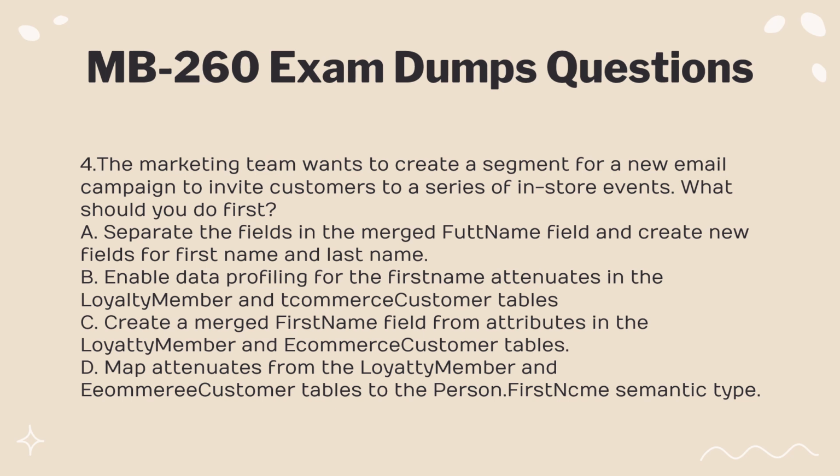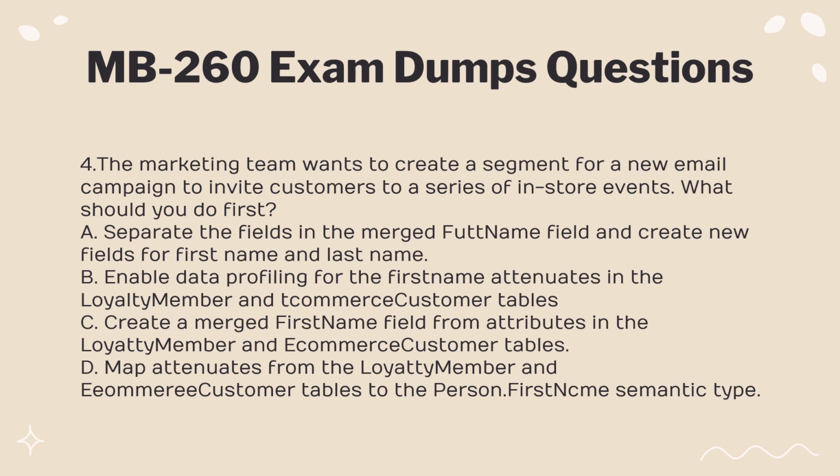4. The marketing team wants to create a segment for a new email campaign to invite customers to a series of in-store events. What should you do first? A. Separate the fields in the merged full name field and create new fields for first name and last name.